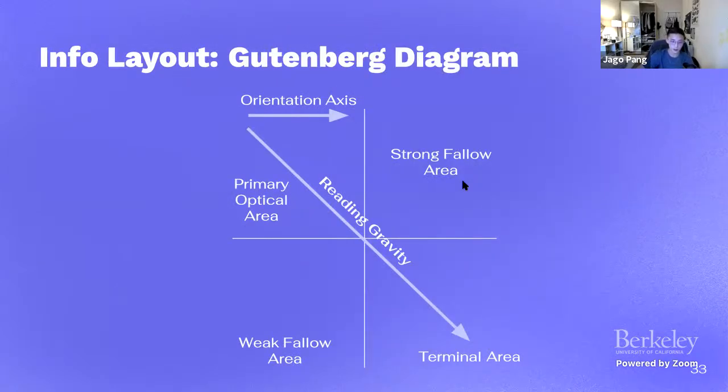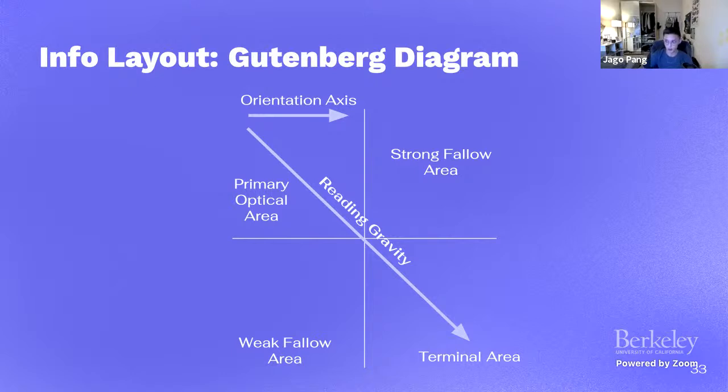Another way to rearrange your elements is by adhering to how people read a piece of information. Here is the Gutenberg diagram. Essentially, it shows how users read a piece of text.